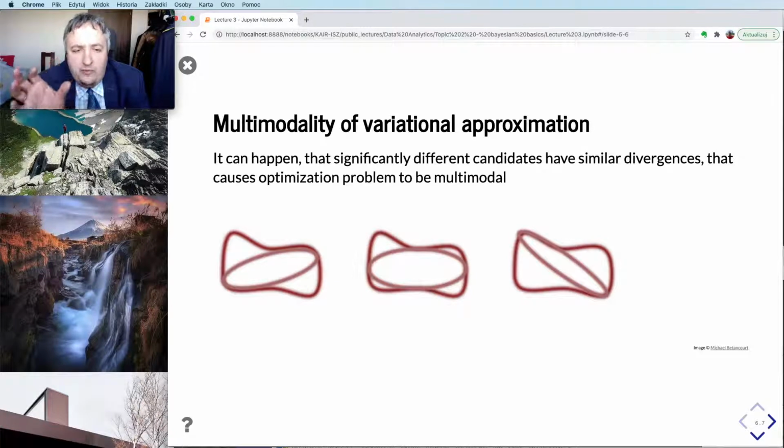If they were close to each other, there would be no problem, because there would be a global minimum in between them. However, if there are three which are significantly and qualitatively different and have similar divergences, then we have a multimodal problem that can be very difficult to compute. So that's one problem: we might get stuck in a local minimum and not be able to find the global one, which can be very difficult later in model use.